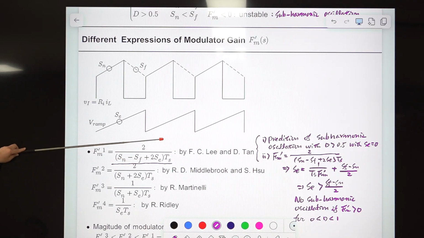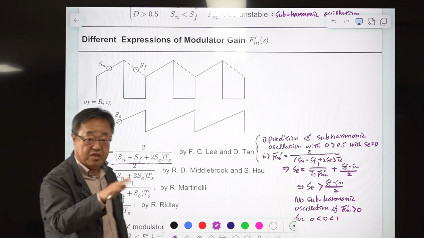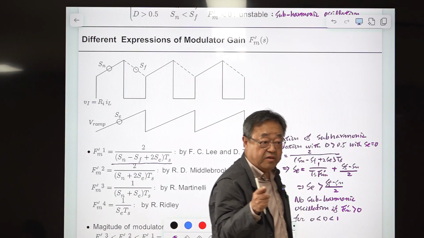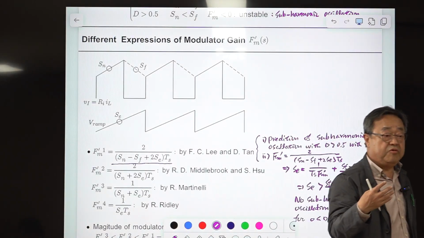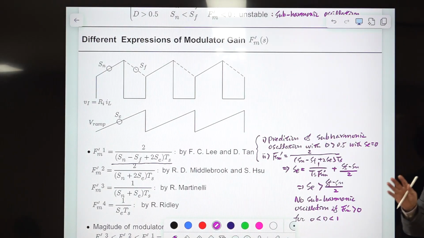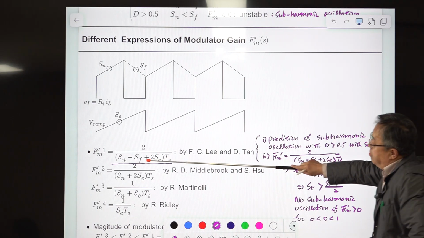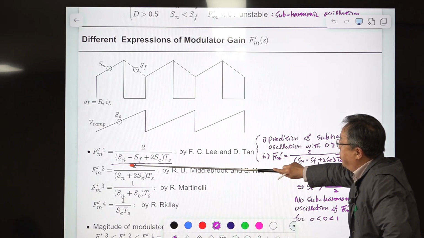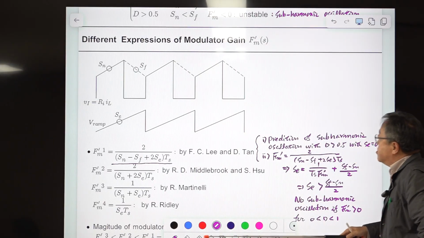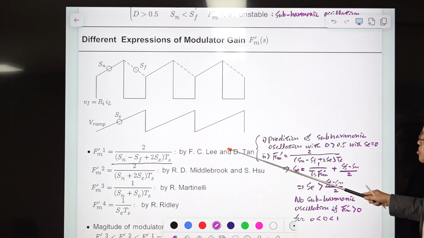I'm not interested in figuring out the exact one. There is some trickiness in analyzing this sampling effect, so I wrote one paper comparing these things. Comparison is meaningless; I'll explain that later. But this one best matches the circuit operation of this scheme. So I think this is the best one.